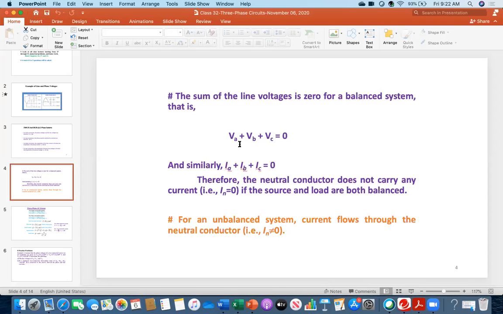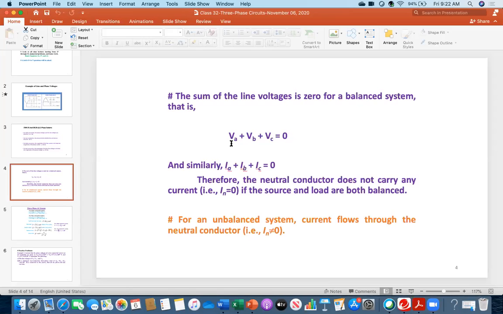VA phase angle is 0, VB phase angle is minus 120 degrees and VC phase angle is plus 120 degrees. Then add those three using phasor algebra and you should get 0. So if you see any balanced system and you need to add all three voltages or currents, you can straightforwardly write 0. But keep in mind, if it is an unbalanced system, then you will not get 0.